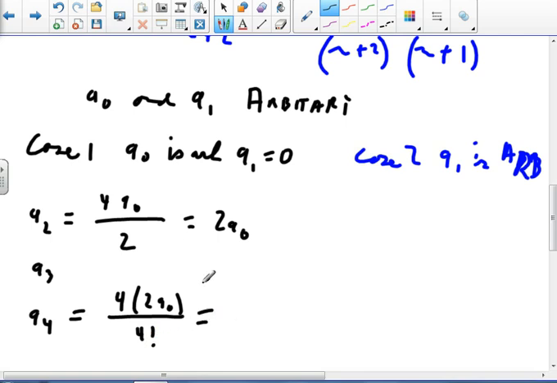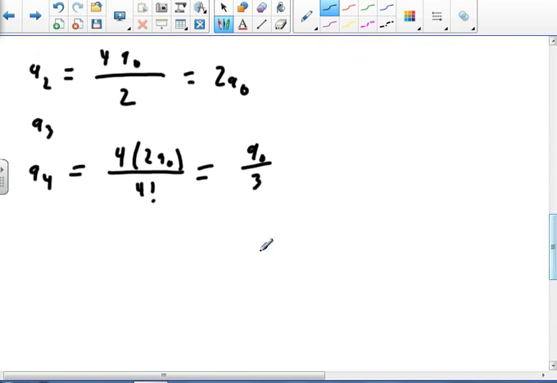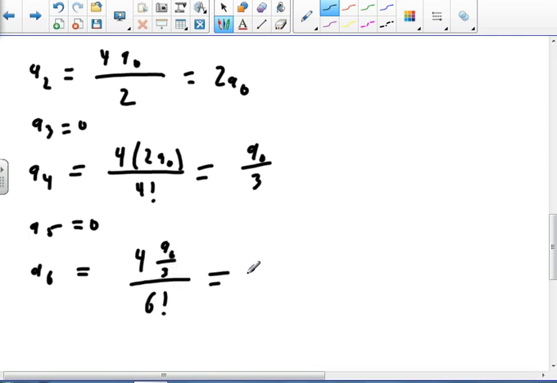Oh, that's going to be a0 over 3. Then a3 is 0, a5 is 0. a6 is going to be 4 times a0 over 3 divided by 6 factorial. We'll just leave it that way. Yeah, that's pretty big. Too big of an eraser. a0 over 3, 6 factorial.